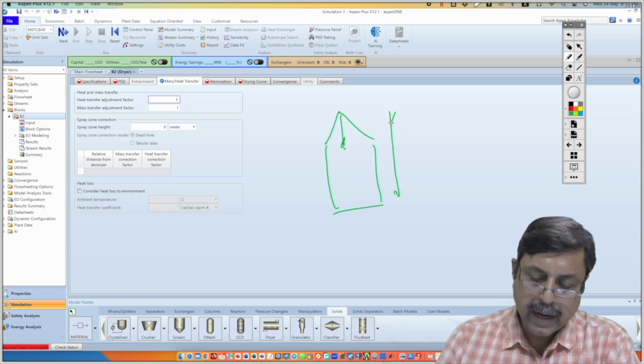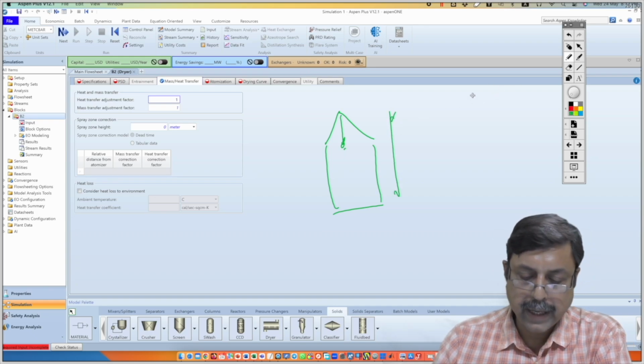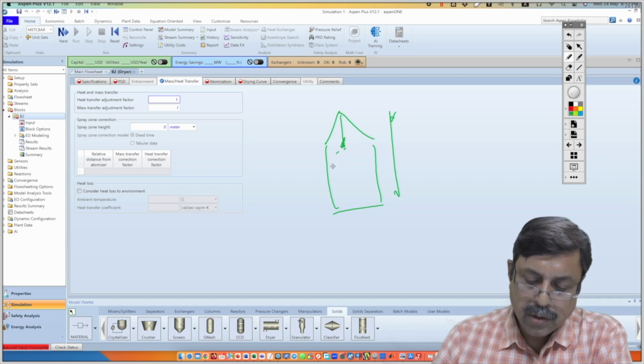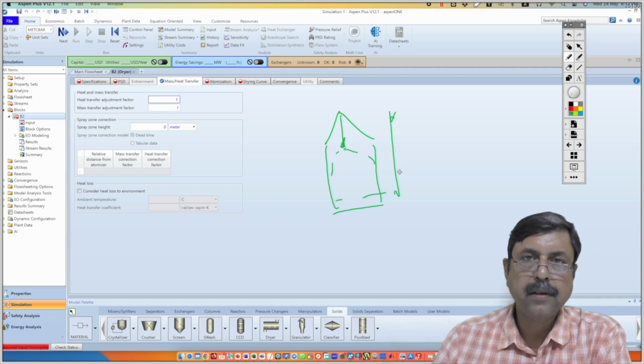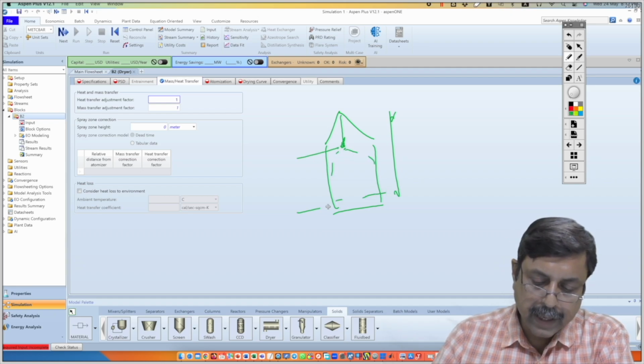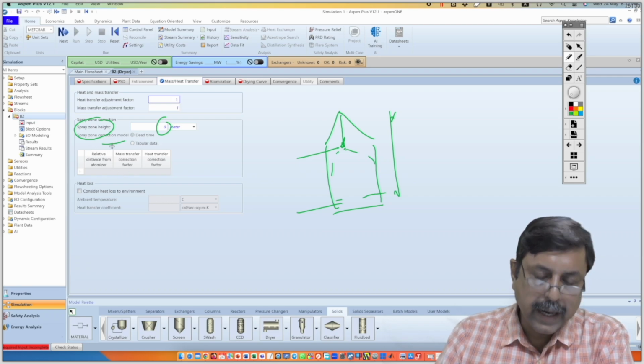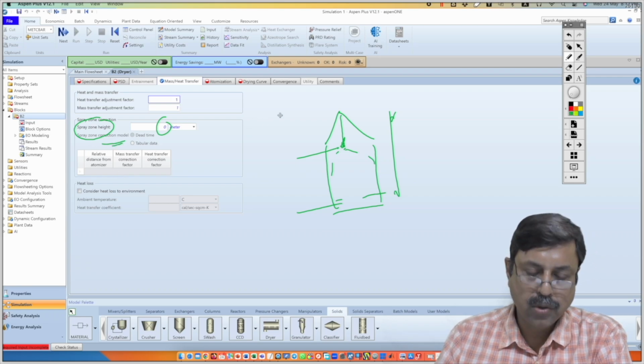So the entire height is not used for spraying, because the spray begins from the nozzle to the end. So what is the spray zone height? That you have to fix. And there will be some correction because of this spray zone.